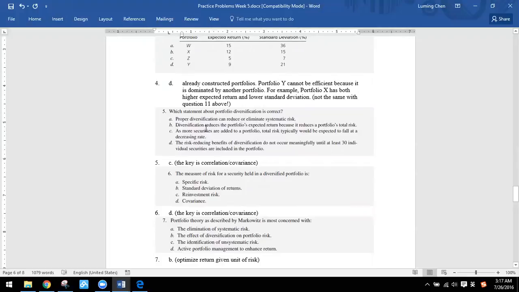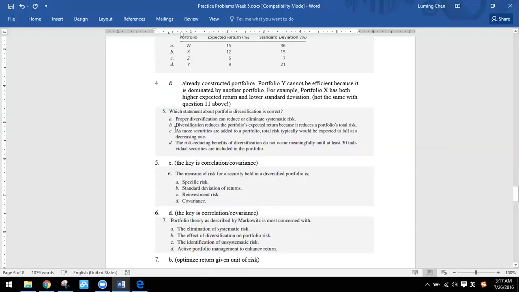This is false because diversification does not necessarily reduce the expected return, because if it reduces, why do you need diversification?